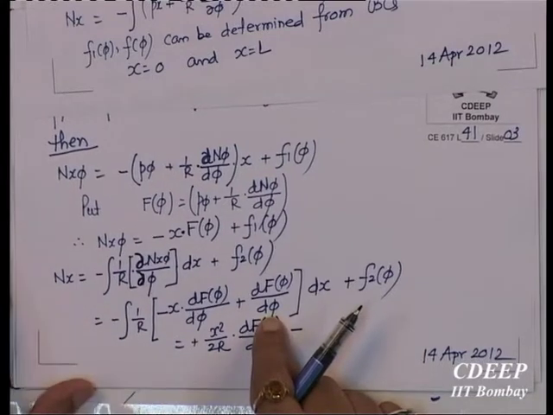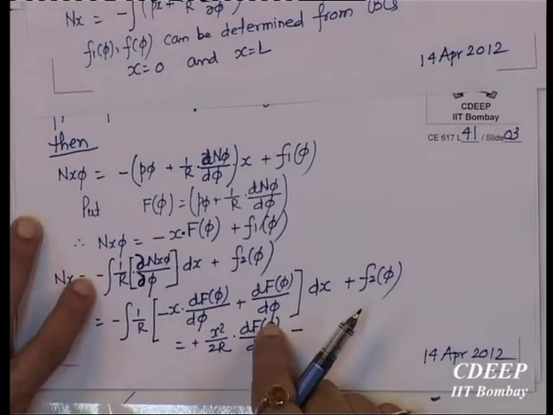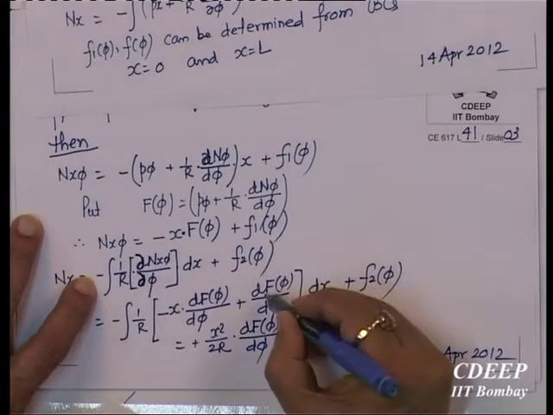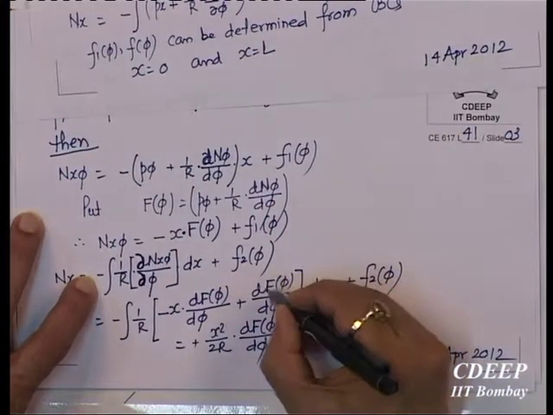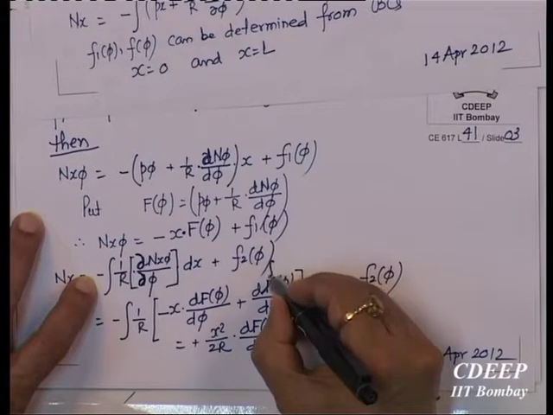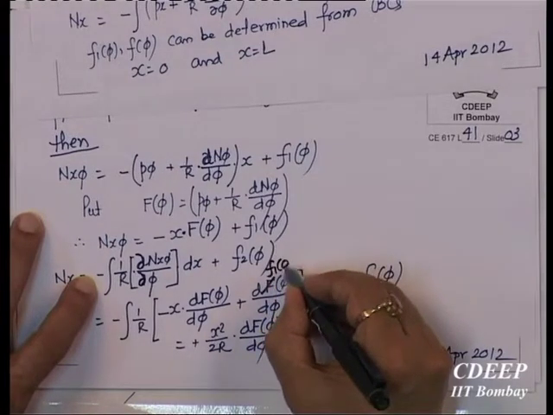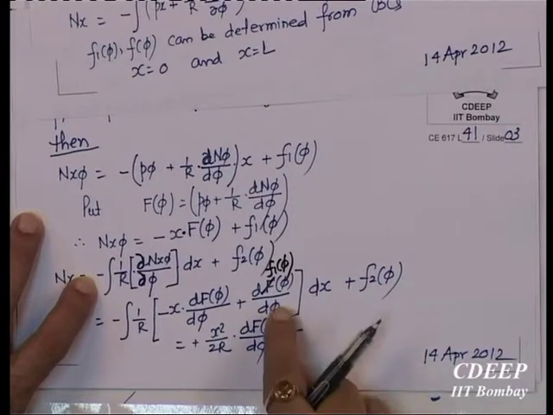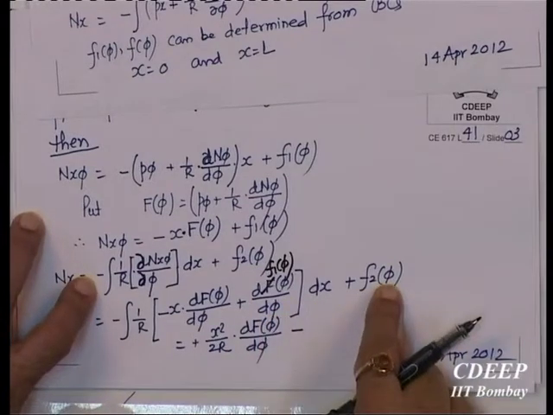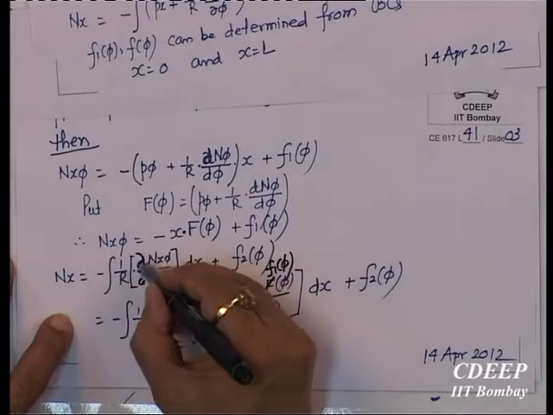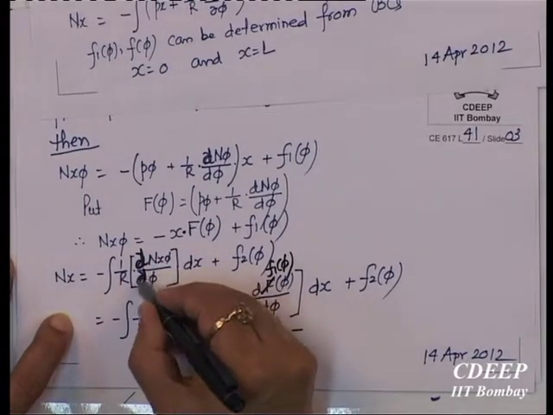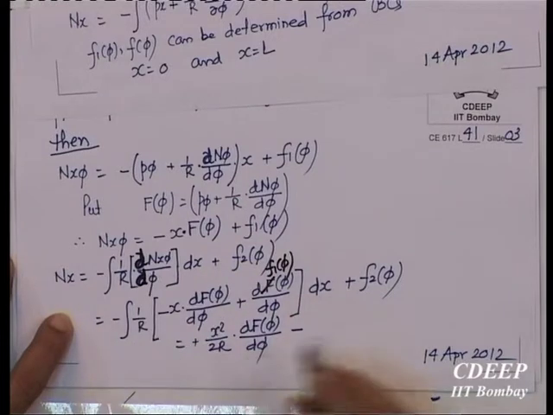I have made a mistake. I think here I should have written small f1 phi, d f1 phi. It is okay, f1 phi dx plus f2, okay. It is ordinary only, yes. F1 phi, only I made a mistake there.